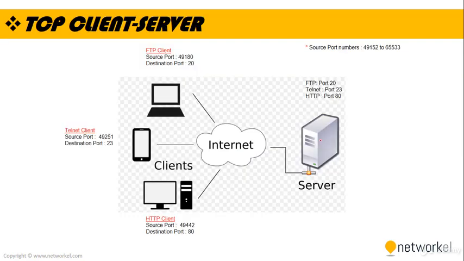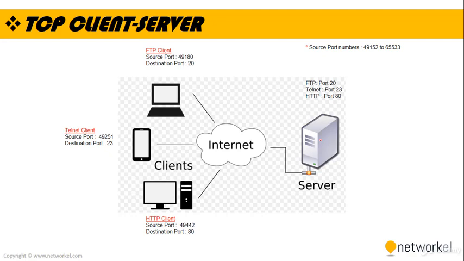So, let's talk about the TCP and UDP details now. The client-server model is a distributed application structure that partitions tasks or workloads between providers of a resource or service, called servers, and service requesters, called clients.